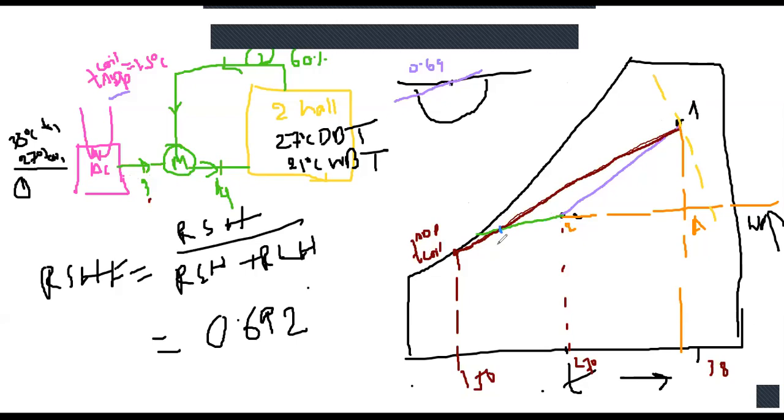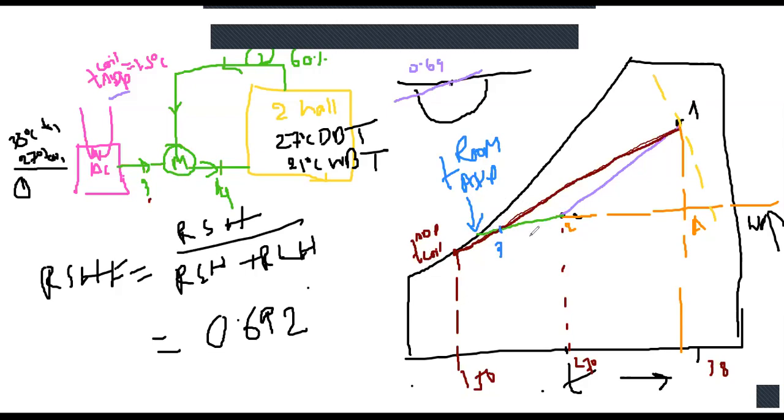Okay, this point is 3, and the room sensible heat factor line passes through point 2 and 3 and the room ADP. Room ADP means this point. This point is the ADP of room. If the bypass factor is 0, then room ADP and coil ADP are the same point.